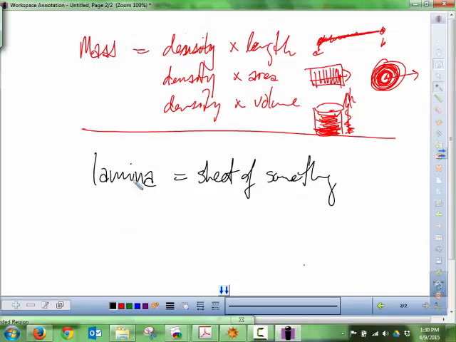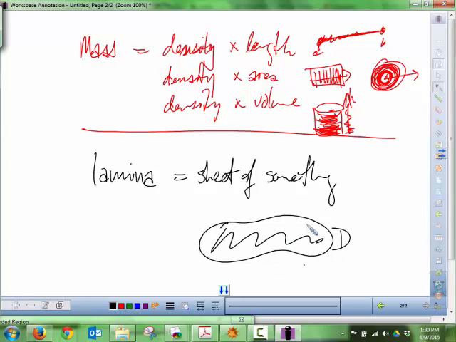When we describe a sheet of something, we're looking at something that's two-dimensional. Whatever the shape of that two-dimensional thing is could be your region. In double integral language, we can take a look at the density function as a function of two variables.